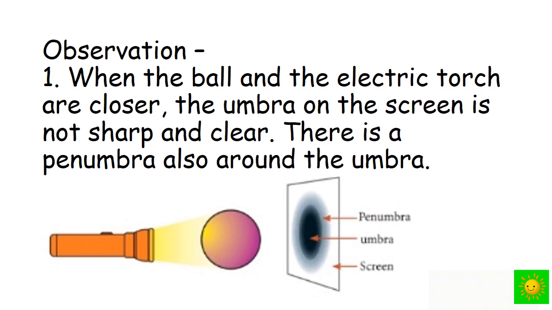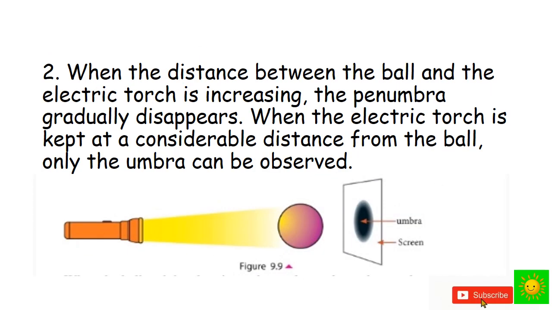At the practical, you can observe two different observations. First one is, when the ball and the electric torch are closer, the umbra on the screen is not sharp and clear. There is a penumbra also around an umbra. In second observation, when the distance between the ball and the electric torch is increasing, the penumbra gradually disappears.